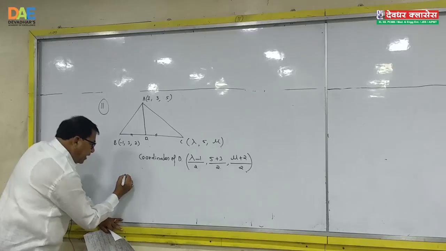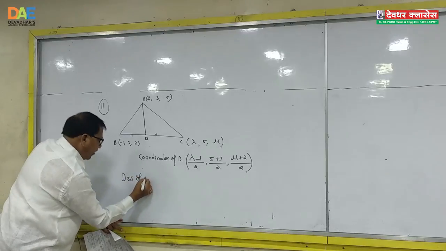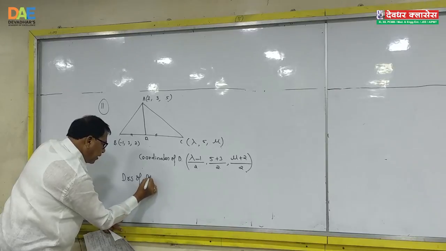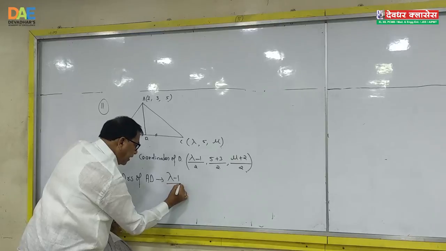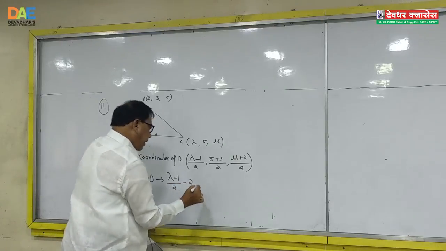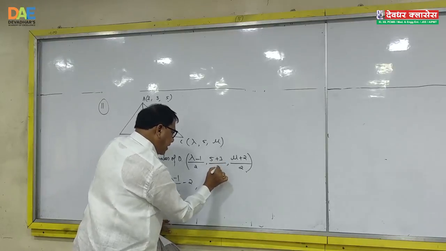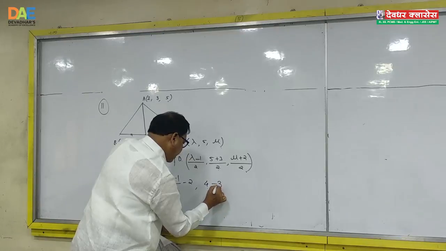Listen, now the DRs of AD: lambda minus 1 upon 2 minus 2, that is lambda minus 1 minus 4 upon 2, which is lambda minus 5 upon 2. Then 5 plus 3, 8 upon 2 is 4, 4 minus 3 is 1.